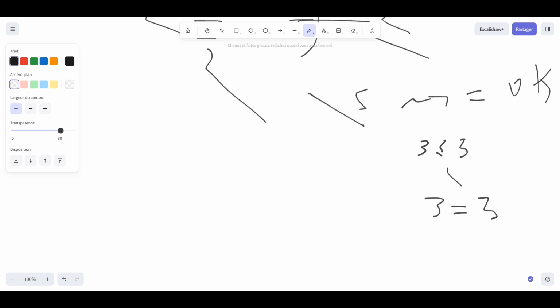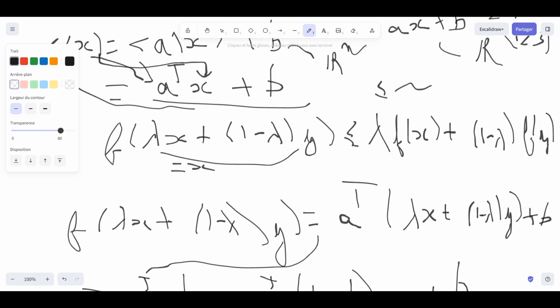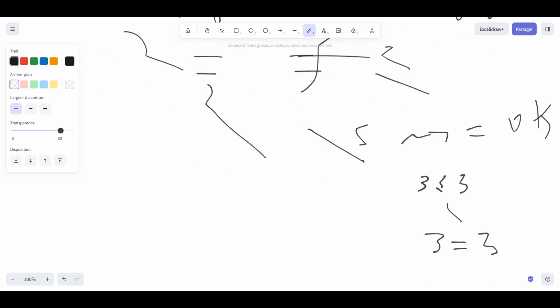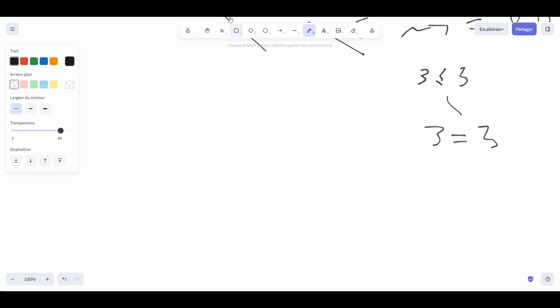And that's an affine function because it's equality, it is concave and convex at the same time. Because if you remember in the definition of convex function and concave function, I told you, if you write it like this, it's convex, but if you write it like this, it's concave. And so this and this at the same time means equality, and so the function is convex and concave at the same time.